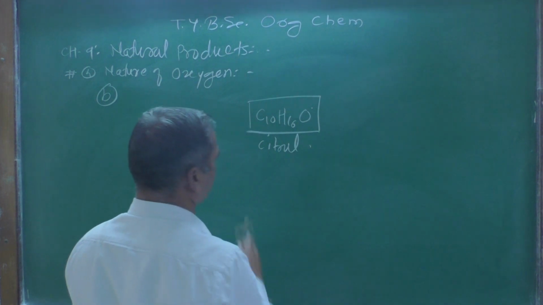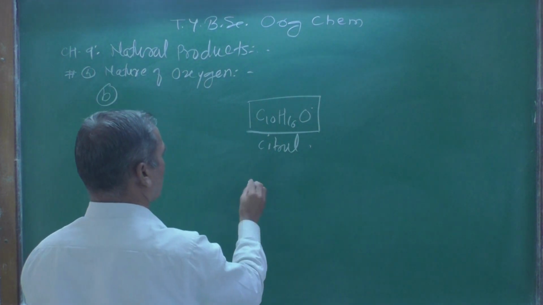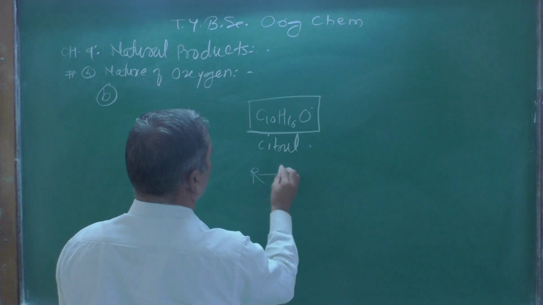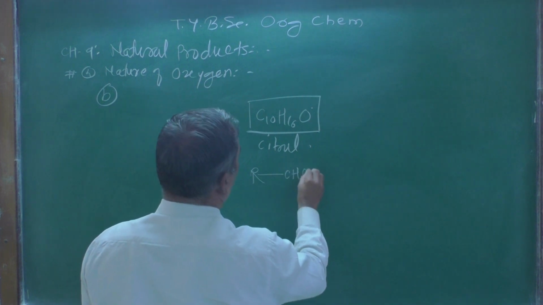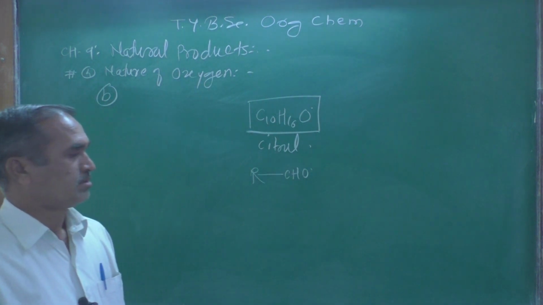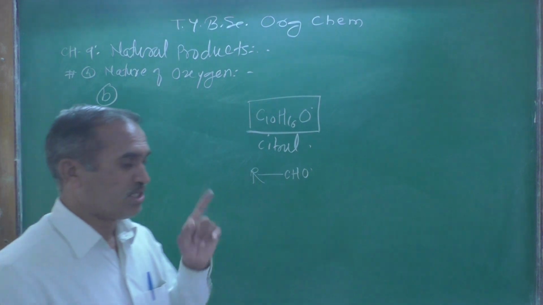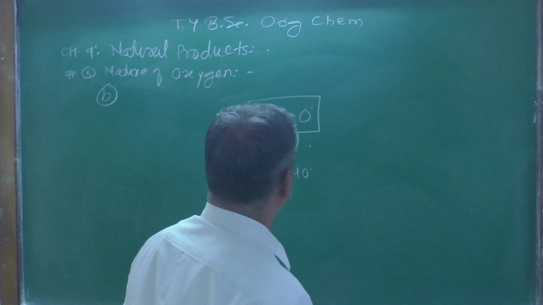Now we are trying to prove, suppose let us assume, that this citral contains the aldehyde group.